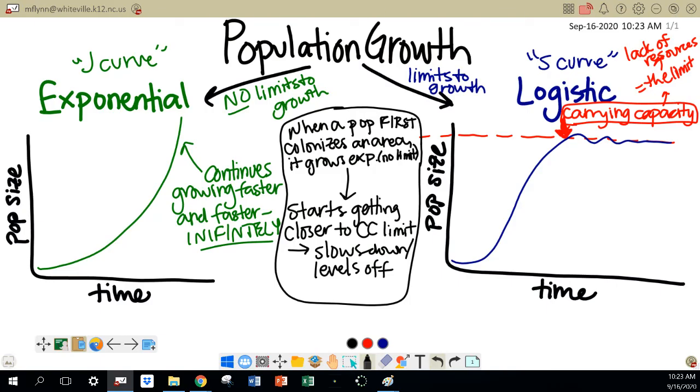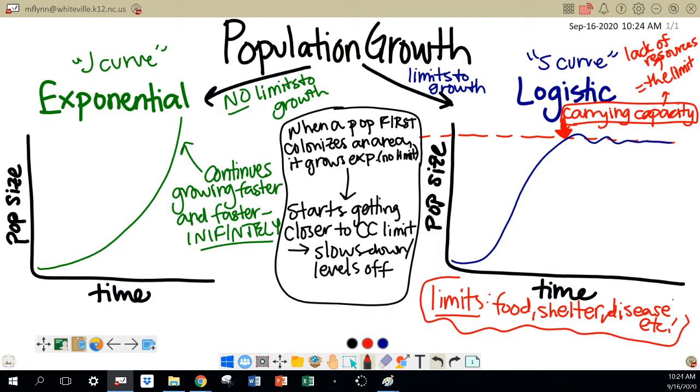Okay, so the limits there, just to make a list here: food, shelter, disease, etc. So there's a bunch of things that could cause that limit.